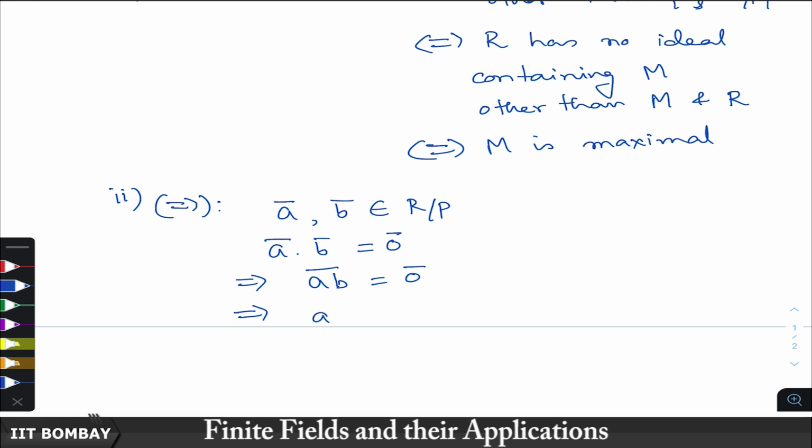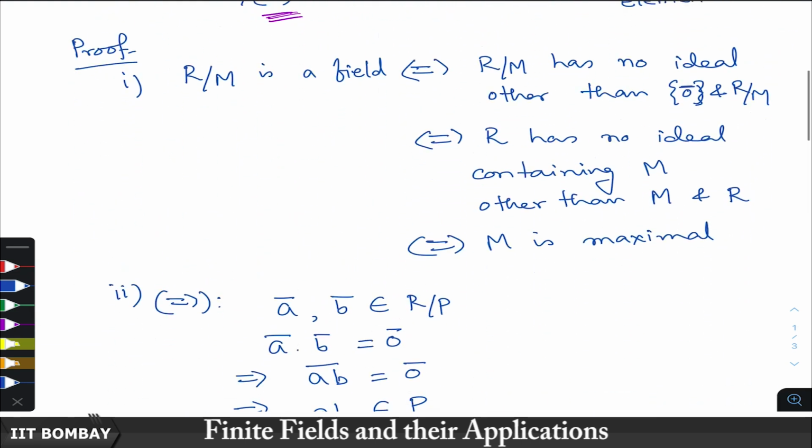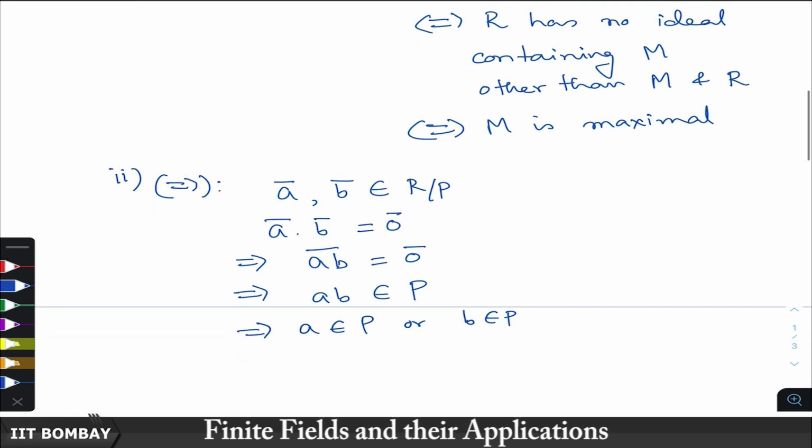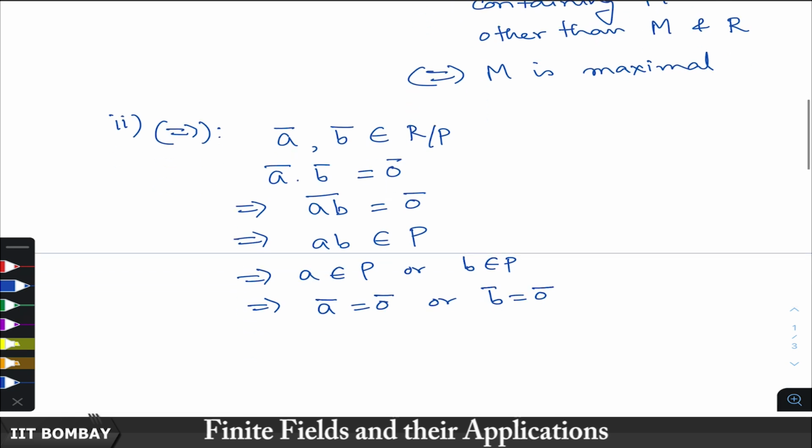What it means is that AB is in P. Now, if AB is in P, because P is a prime ideal, it is given, either A is in P or B is in P, and that means that either A bar is equal to 0 or B bar is equal to 0. So, that proves the forward part.